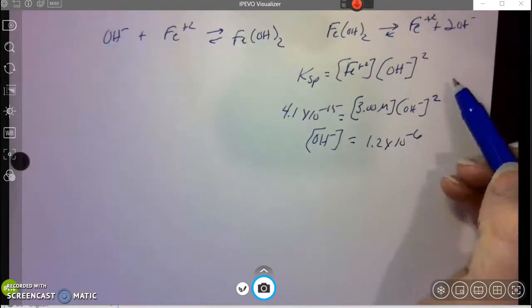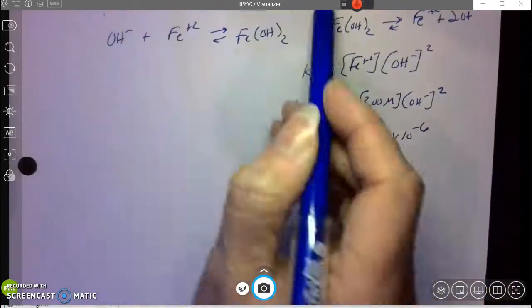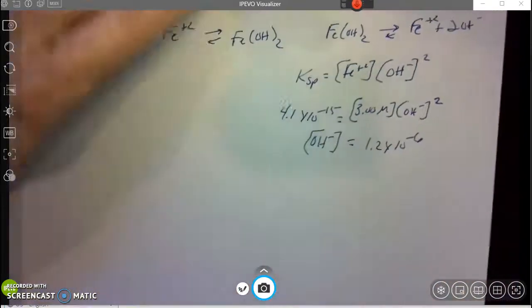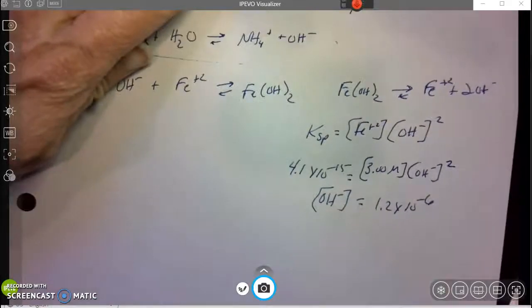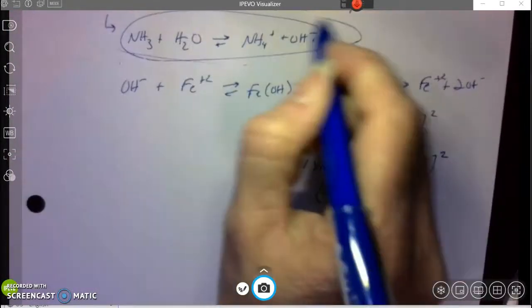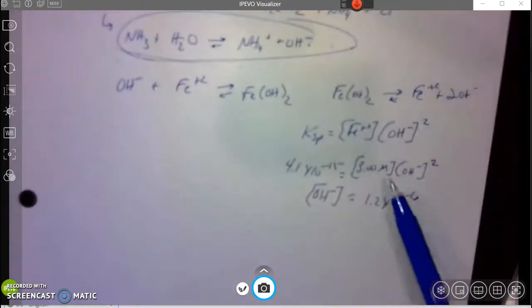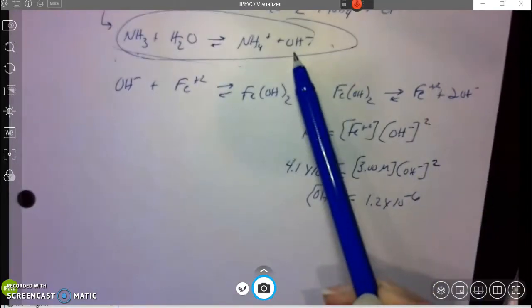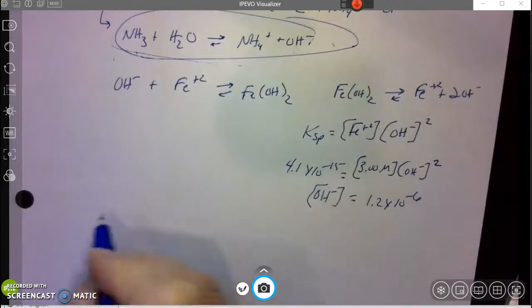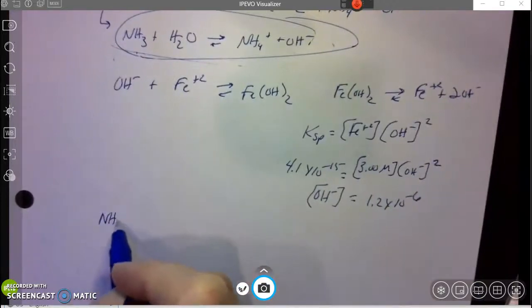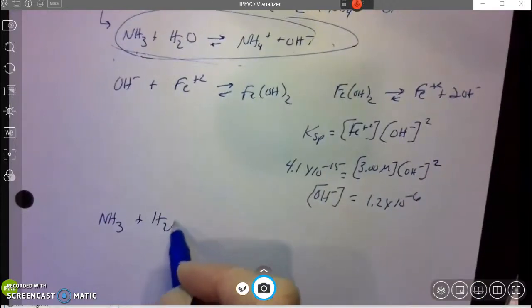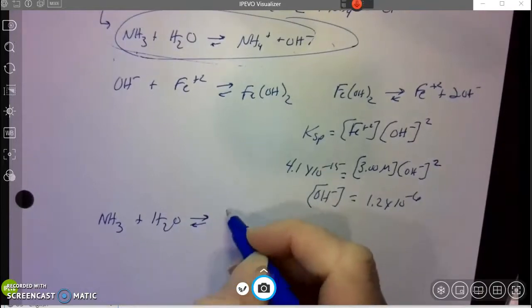So we have to look at this reaction here, and figure out how much of this we need to get the 1.2 times 10 to the negative 6th. So I'm just going to write the whole equation down here again just to have a little bit more room.